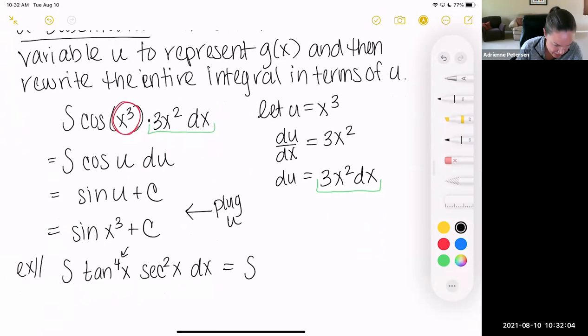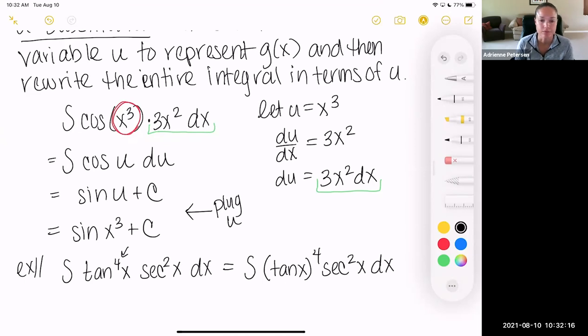Where we see this tangent to the 4th, I'm going to rewrite this as tangent of x to the 4th times secant squared of x dx. Okay, so in the chat box, what I want you guys to do is tell me, what do you think we should let u be? What is the function that's inside our composition?